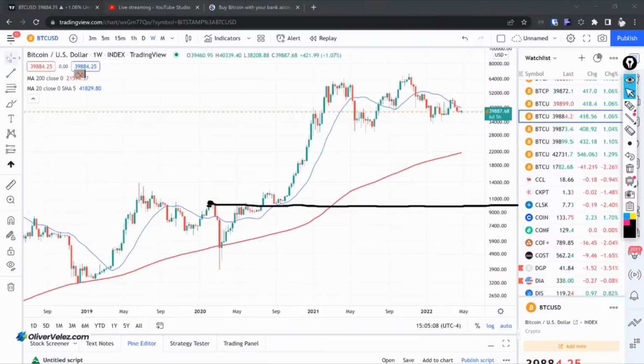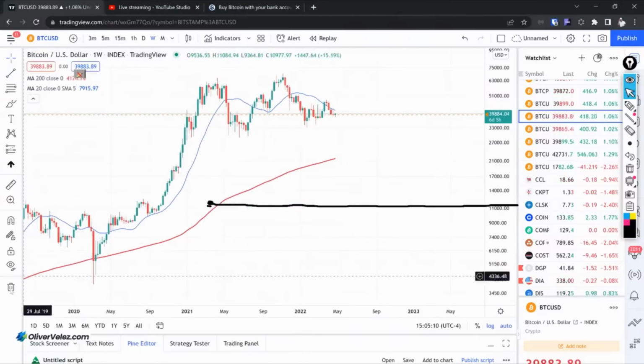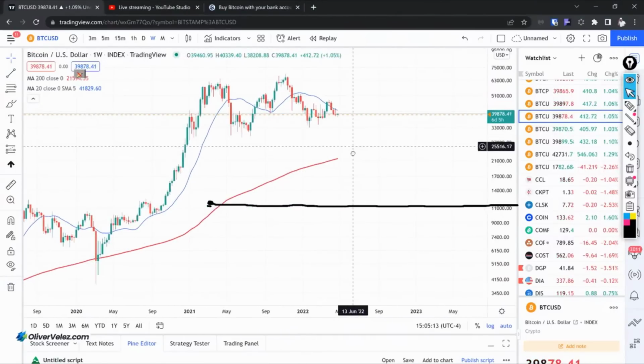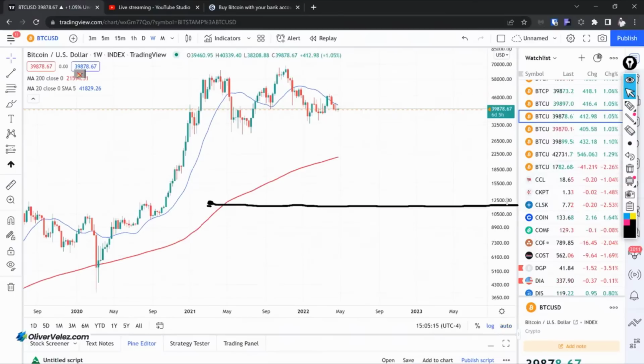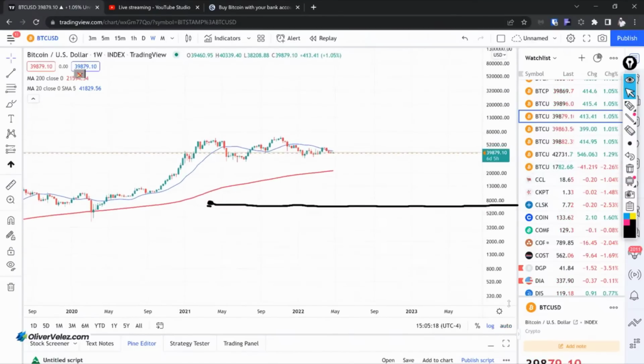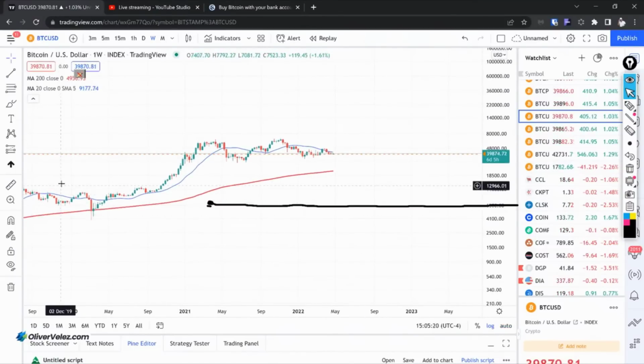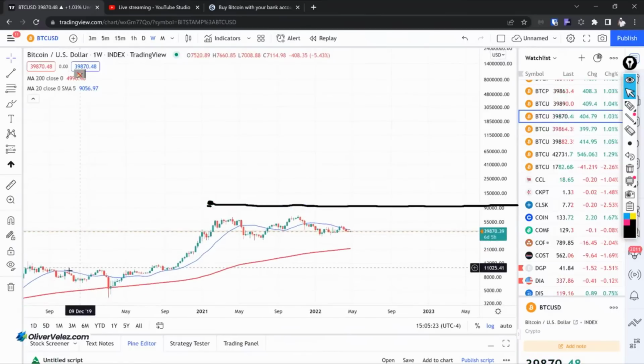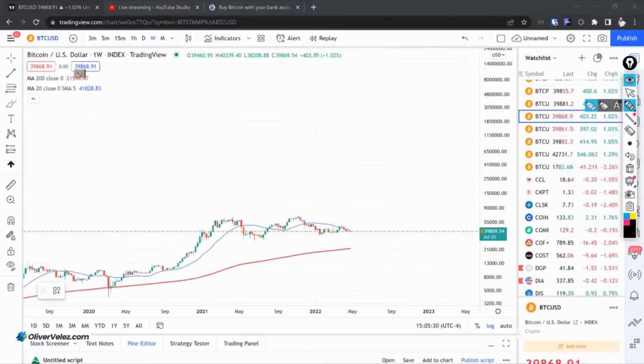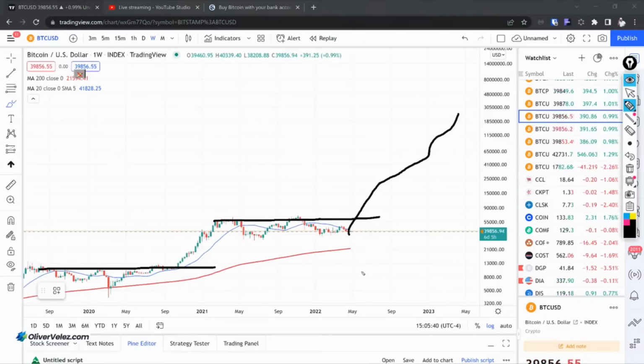And all this, guys, I'm telling you, is just another one of these. It's just happening at a higher rate. It always happens at a higher rate.